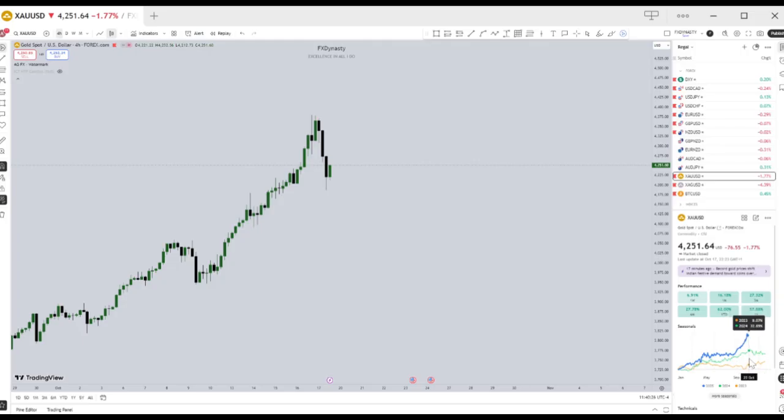If you look at where we are, the month of October is usually the month where gold and silver tend to retrace from whatever price action they have done for the year. But are we going to retrace? That is what we don't know.